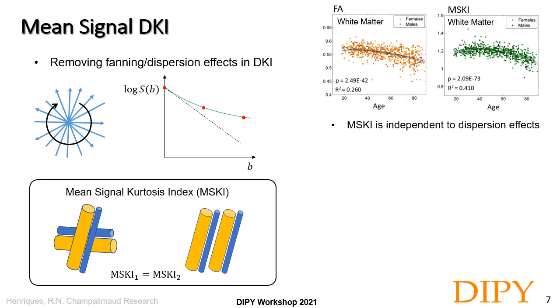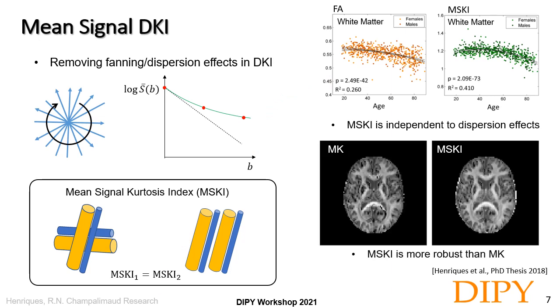I used this measurement in my PhD to target late maturation processes in aging that you could not observe on the FA maps, due to the confounding factors of mesoscopic changes in fiber dispersion and crossing. Another advantage of this quantity is that it is more robust to noise artifacts.